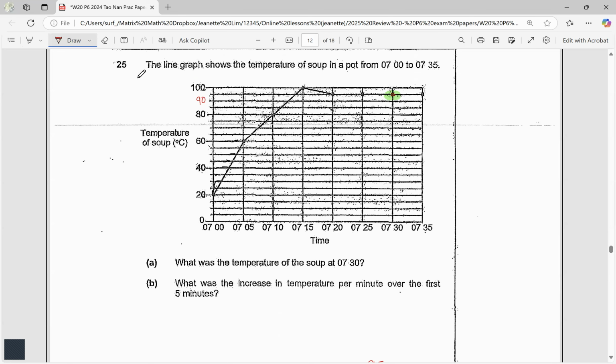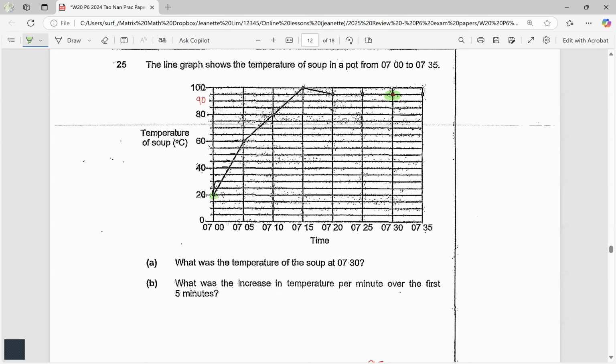For part B, what's the increase per minute over the first 5 minutes? From here to here. At 7 o'clock, it's 20 degrees Celsius. At 7:05, it's at 60.